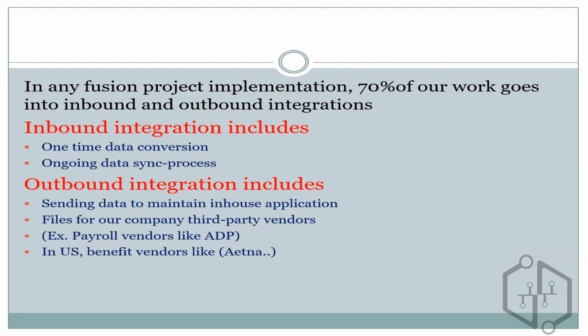They will handle my payroll, I will not handle it. Somebody else will run the payroll of the company, and they will bill the employees. Okay, fine. So this is the way outbound integration includes files for the company's third-party vendors and payroll vendors like ADP. In the US, we have benefit vendors like Aetna.